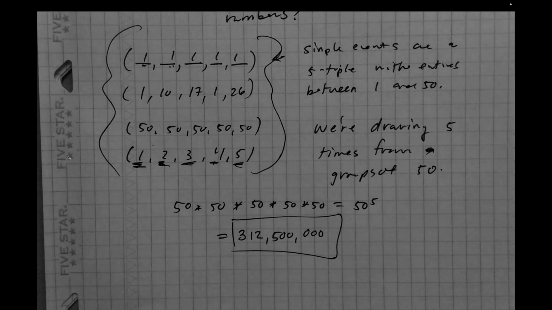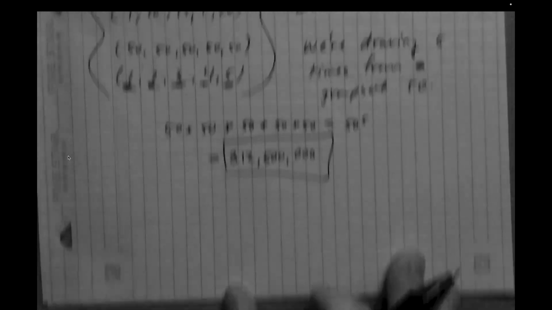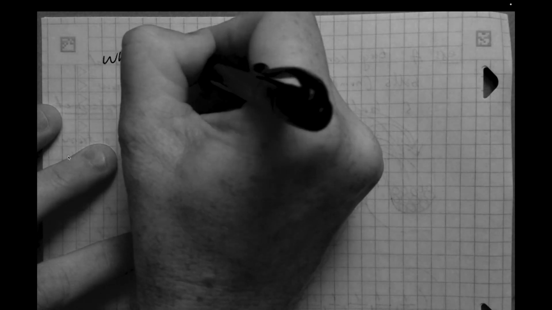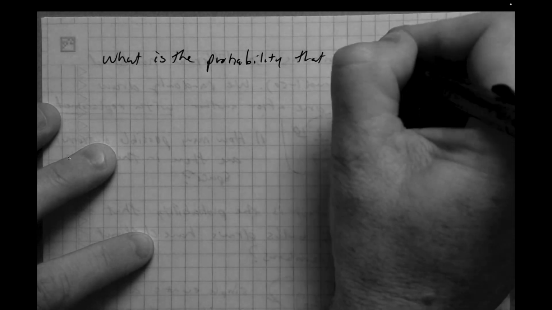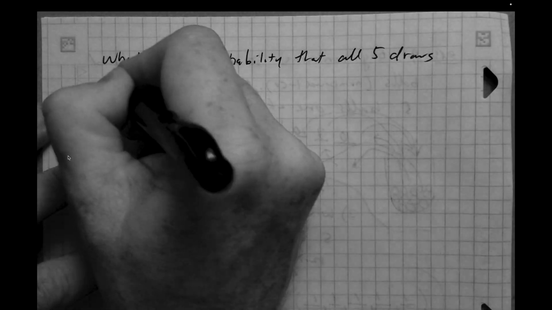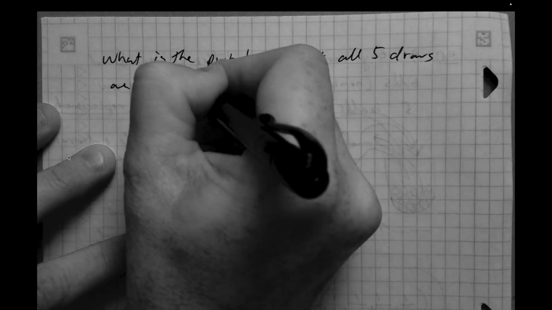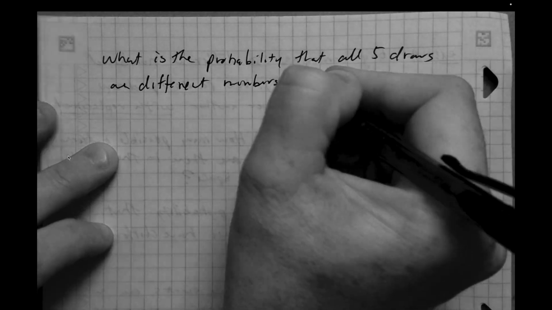Okay, so then part 2 asks, what is the probability that all 5 draws have different numbers? Now, there are a lot of ways that this can happen as well. All right, so let me put a new sheet here. So, what is the probability that all 5 draws are different numbers?